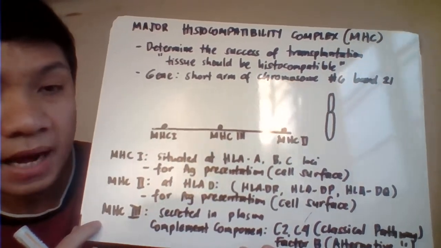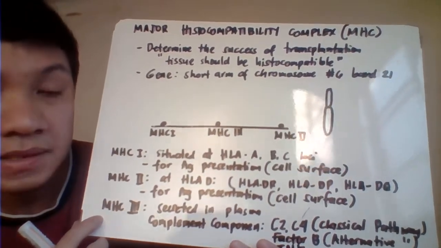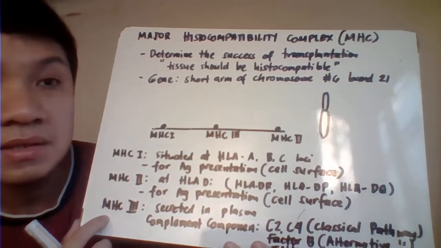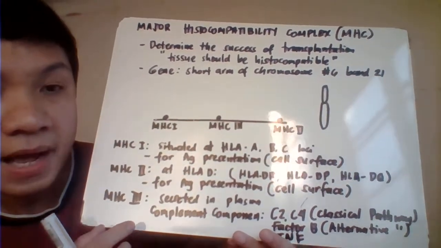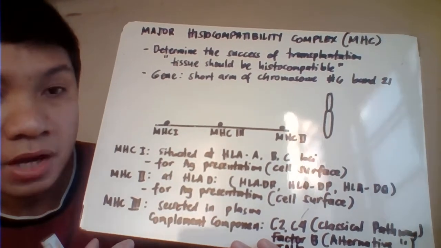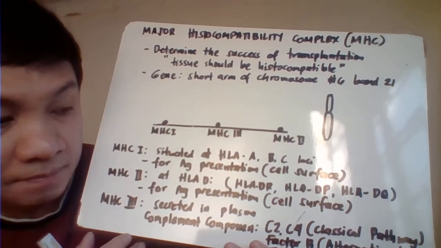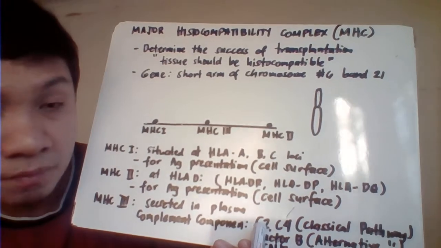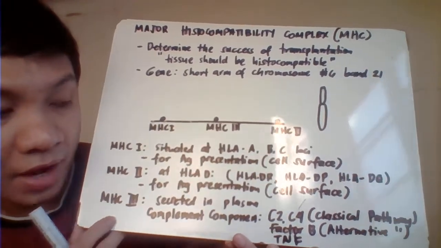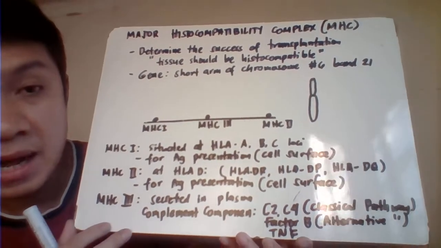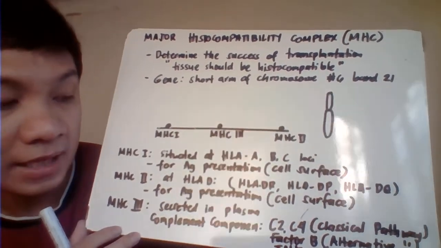Whereas our MHC class 3, on the other hand, is being secreted in our plasma. So, I mean to say this is not found here on the cell surface. So, this one here, MHC class 3, codes here for the production of your complement components, like your C2, your C4 of your classical pathway, and we have also here the factor B of our alternative pathway ng complement natin.